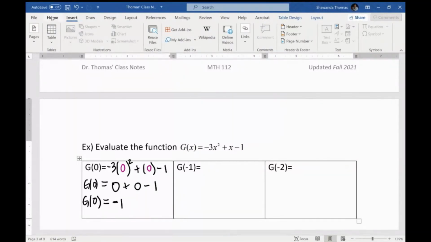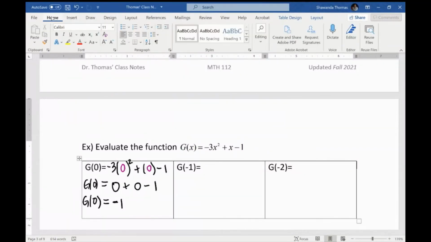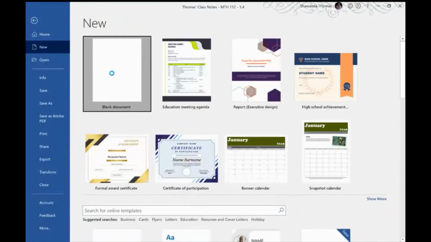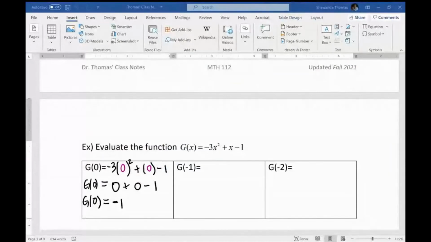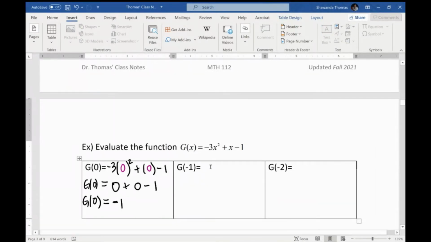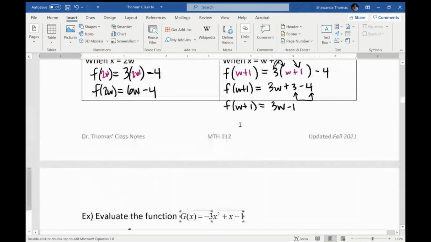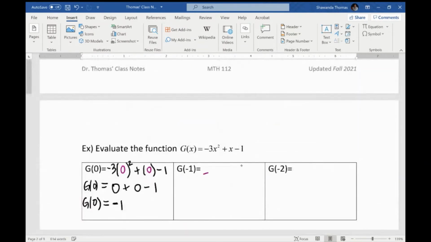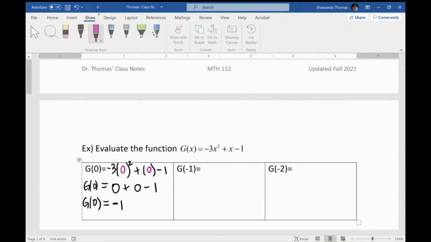You have to do something to throw it off so that it can work. So let me do a new document right quick. Okay, that worked. There we go. Nope, that didn't work. Oh, there it goes. Don't know why it does that, but okay.